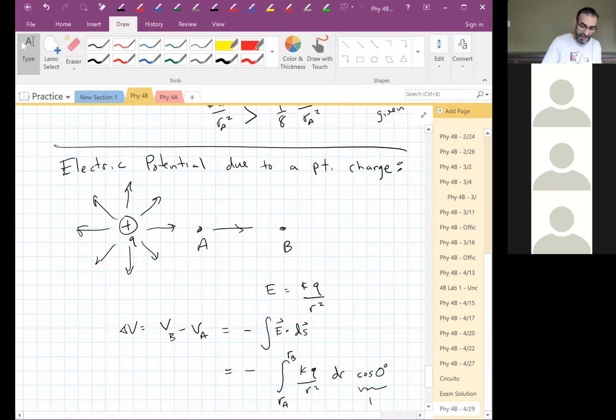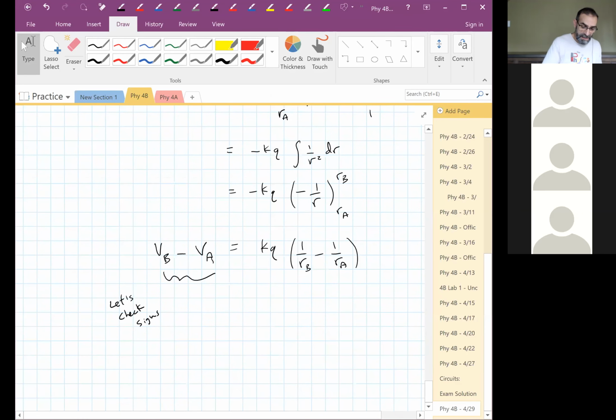So the electric field points in this direction, right? The electric field points radially outward from that point charge. So it points from A to B. Electric field always points toward lower electric potential. So VB has to be less than VA. So when we have VB minus VA, we must get a negative number, right?